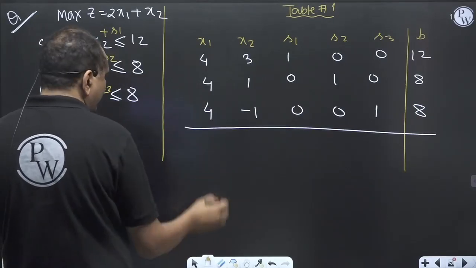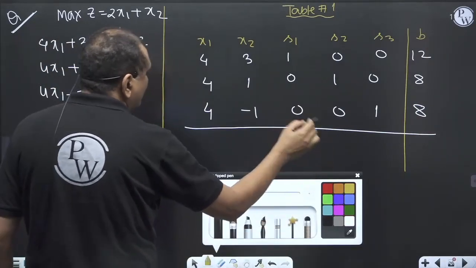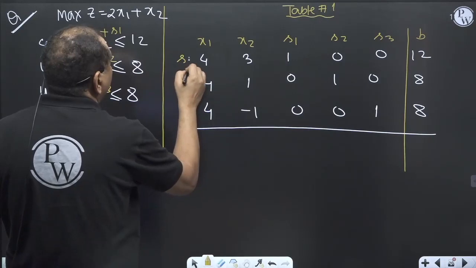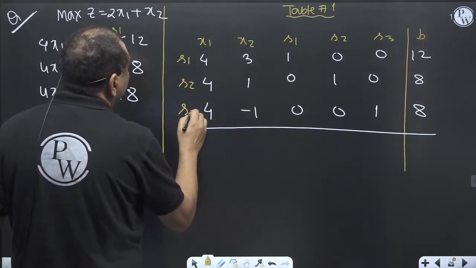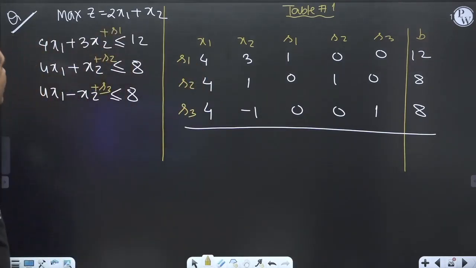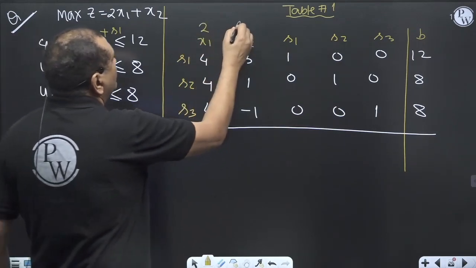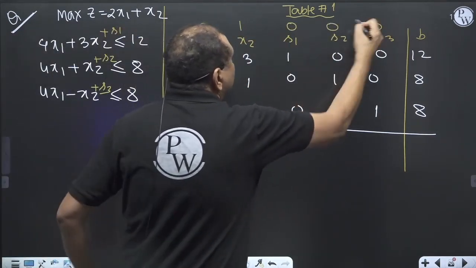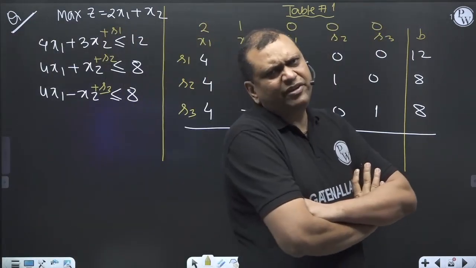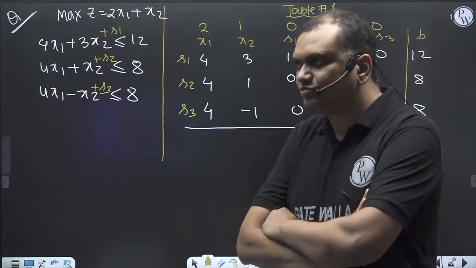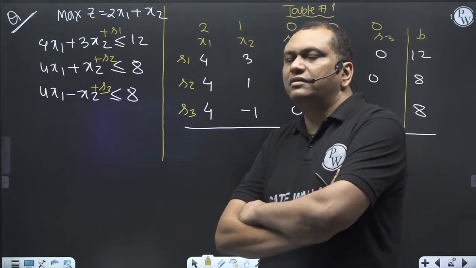The basis will be S1, S2, S3, with Cj values 2, 1, 0, 0, 0. That's the way we do it.